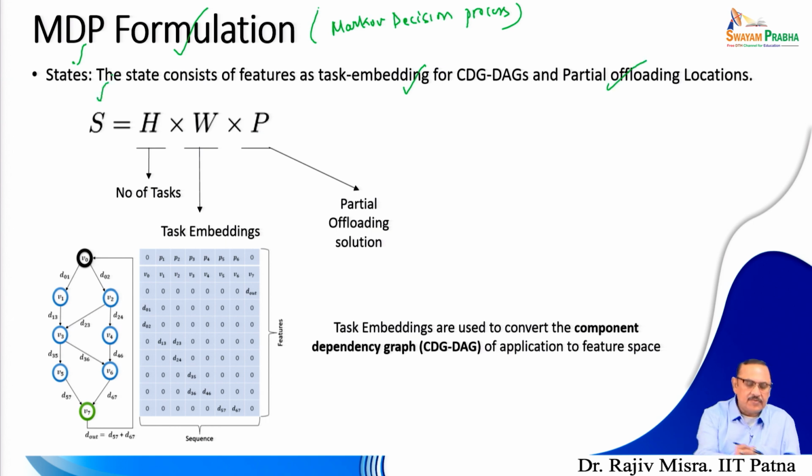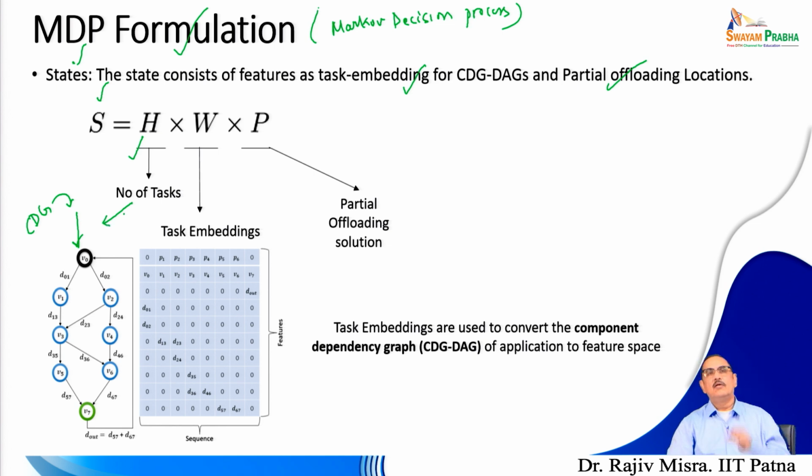So, this comprises the states. States comprise the number of tasks, which, let us say, are represented here in the component dependency graph. So, all these particular tasks will become nodes, that is the number of tasks will come from the component dependency graph. Now, similarly W is the task embedding.